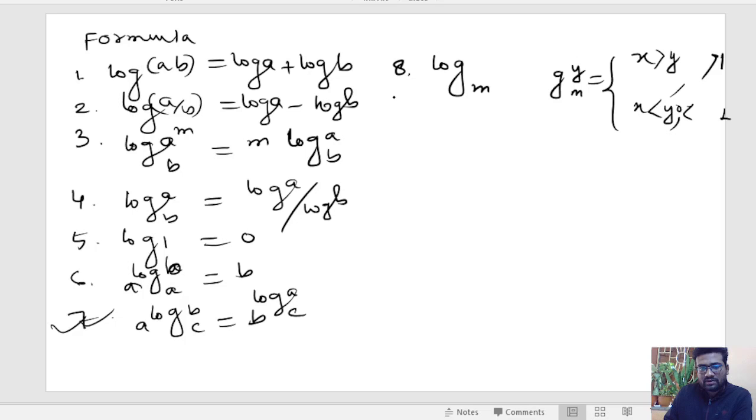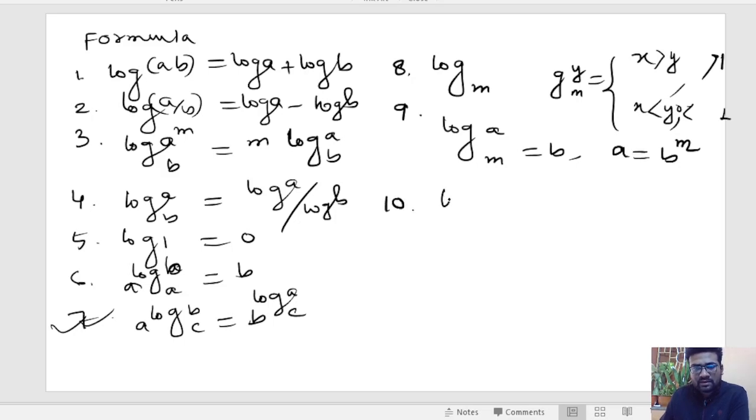And goes formula number 9. At first, log of a base b equals m, so we can write that a equals b to the power m. And 10, log of a base b greater than m, so a greater than b to the power m when b is greater than 1.